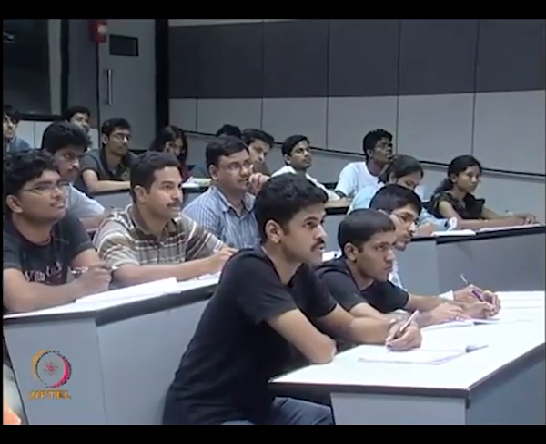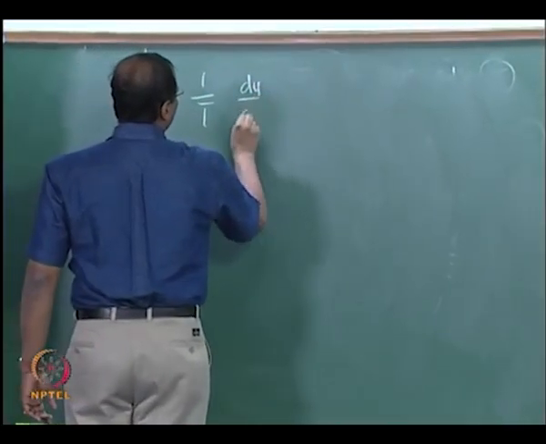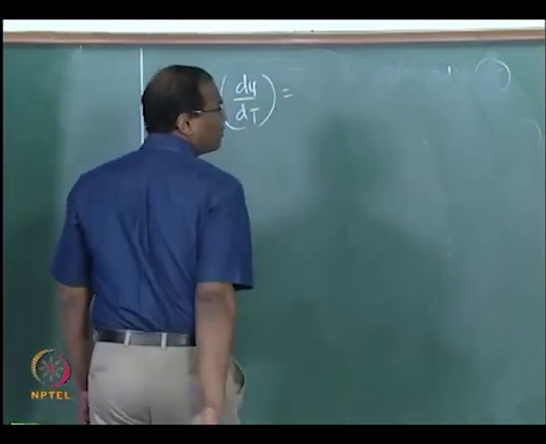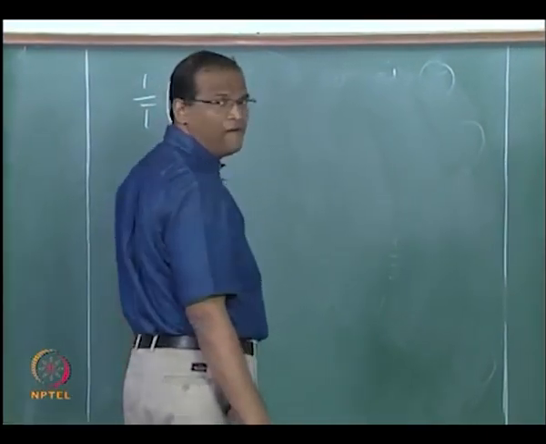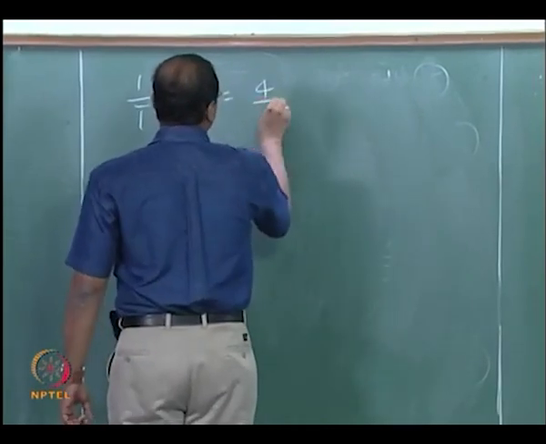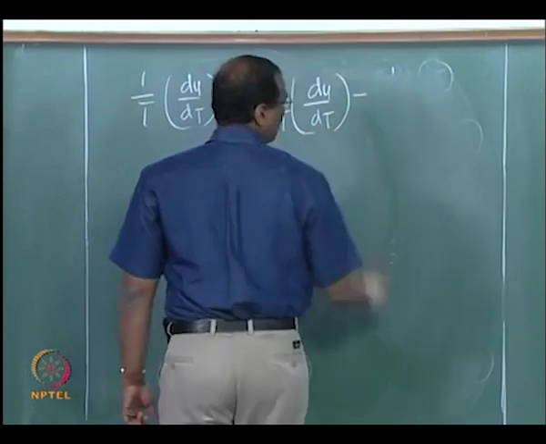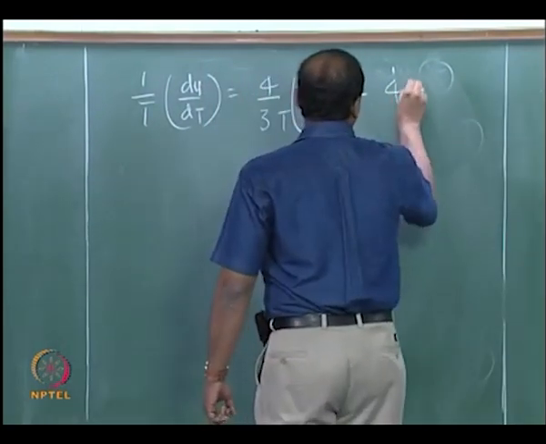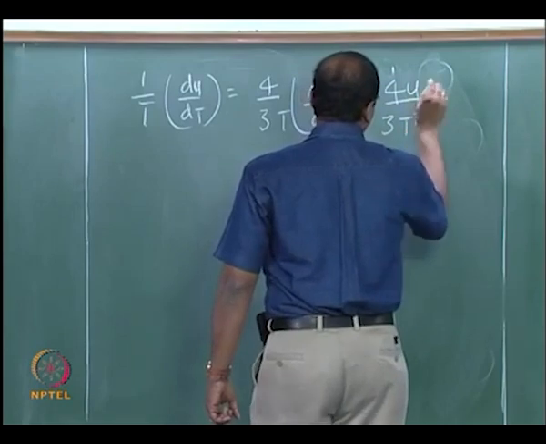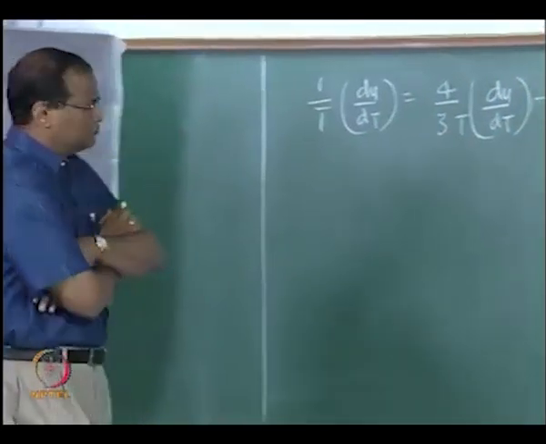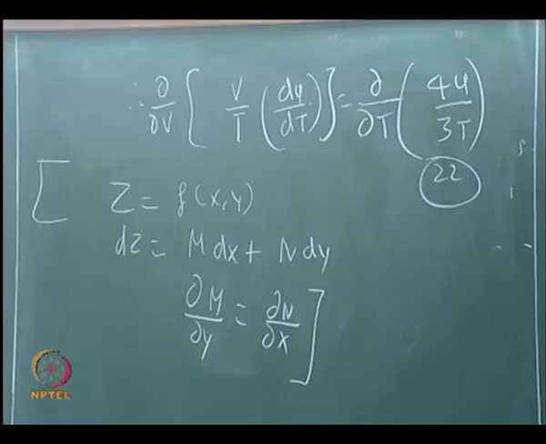So we will just say 1 by T, correct, is equal to minus 4u by 3T square, correct. d by dT, first term is 4 by 3T, 4 by 3T du by dT, is that correct?